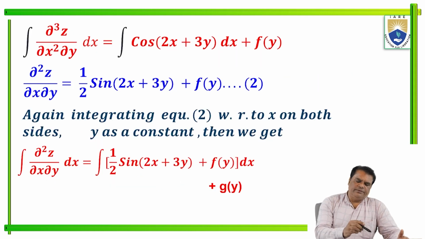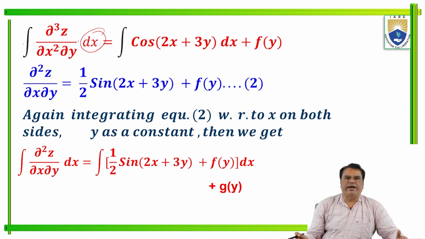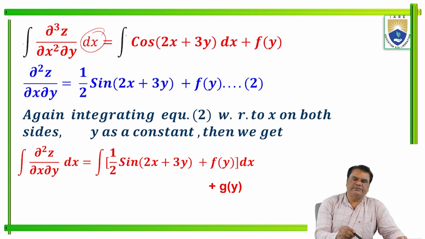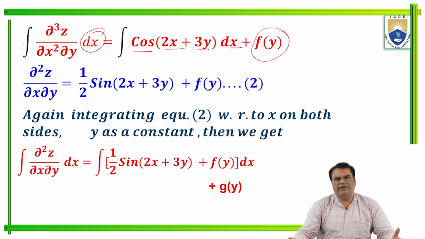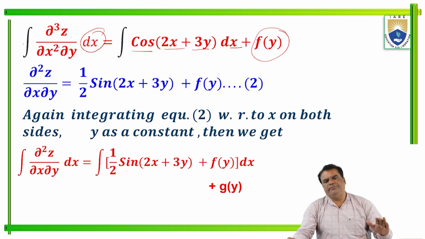So now integrating dou cube z over dou x square into dou y with respect to x on both sides. On the right hand side, the integration of cos of 2x plus 3y dx. Here we add an arbitrary constant, but since we are integrating equation 1 with respect to x, at this time y is constant.